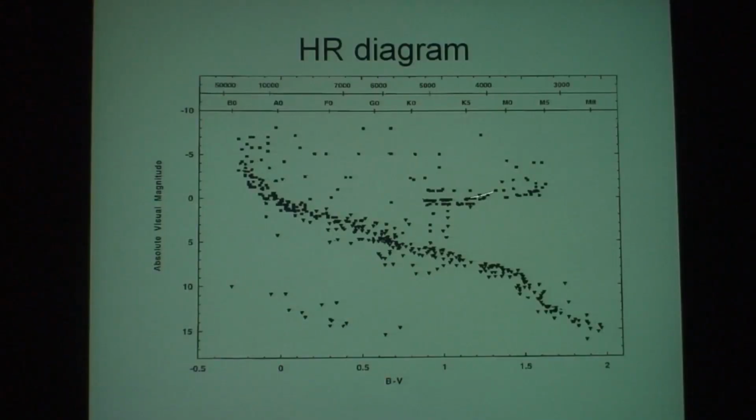The star starts to contract, and that helium starts to warm up, and at a certain point, it suddenly reaches the temperature where it can start to fuse, and a huge amount of helium suddenly fuses in a very short period of time. That's called the helium flash, and it takes the star up here.